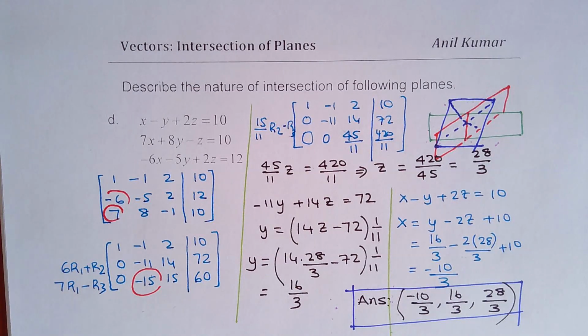And with these 4 examples, we have actually considered all the cases which normally you can come across. Intersection at a point, intersection in a line, in a plane, or not intersecting, two planes being parallel.